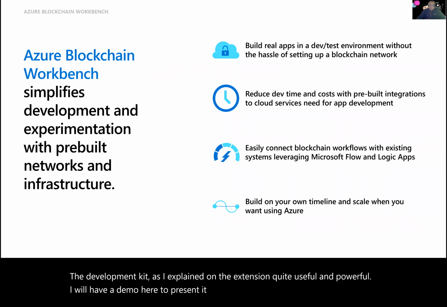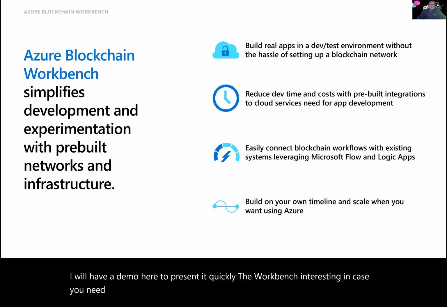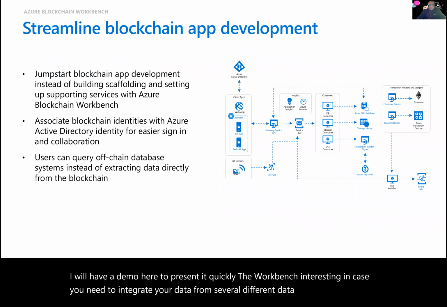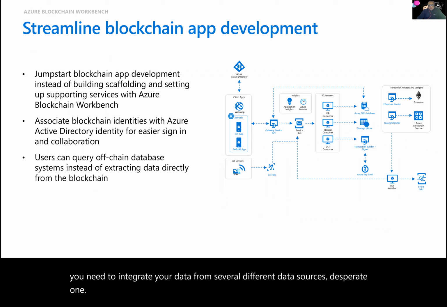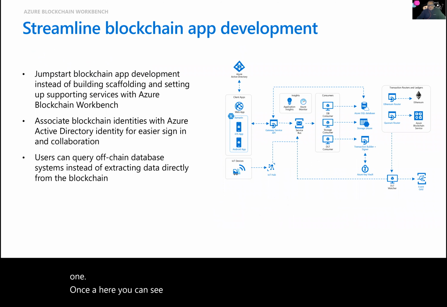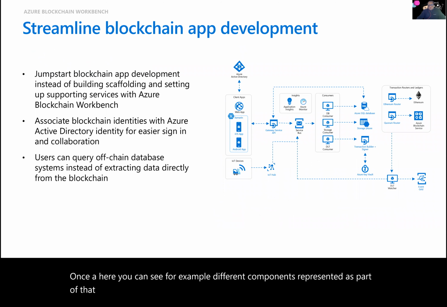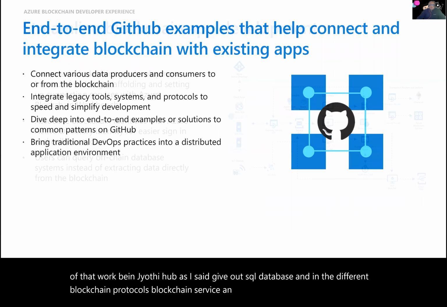The workbench, interesting in case you need to integrate your data from several different data sources, disparate ones. Here you can see, for example, different components represented as part of that workbench, IoT Hub, as I said, Key Vault, SQL database, and so on, and the different blockchain protocols, blockchain service, and Ethereum here in this example.